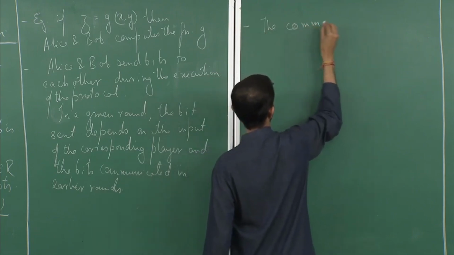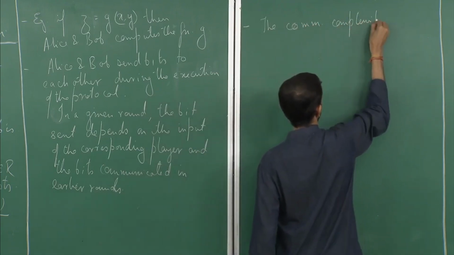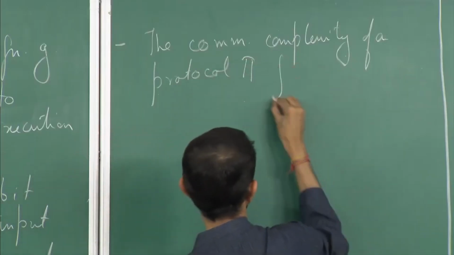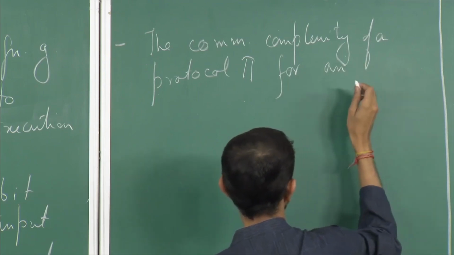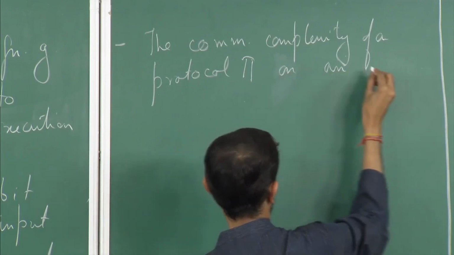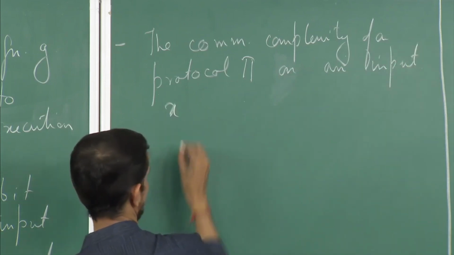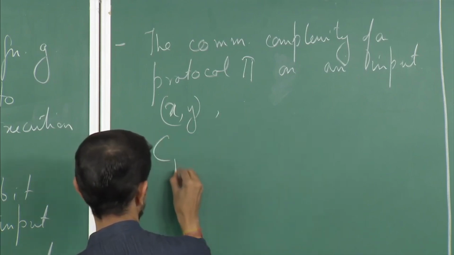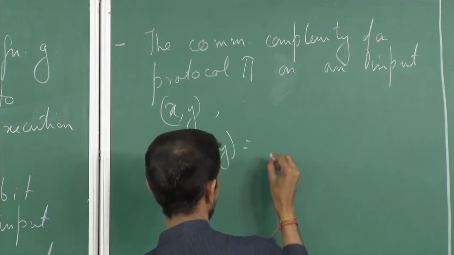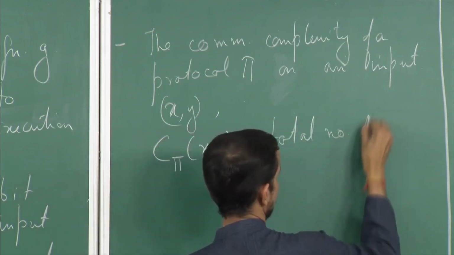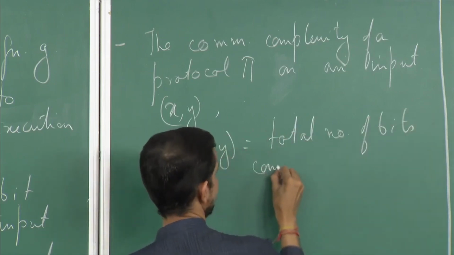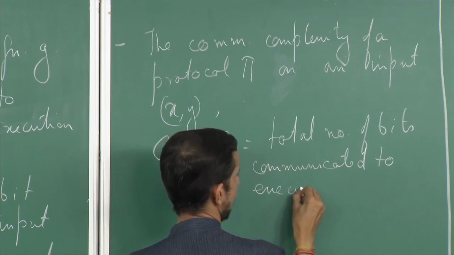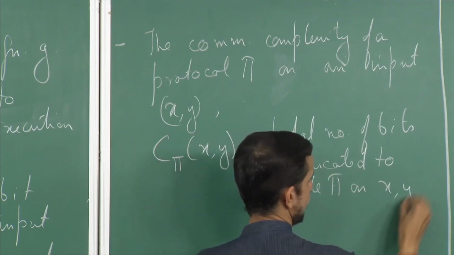The communication complexity of a protocol pi on an input x comma y, we'll write that as C pi x comma y, is equal to the total number of bits communicated to execute pi on the input xy.